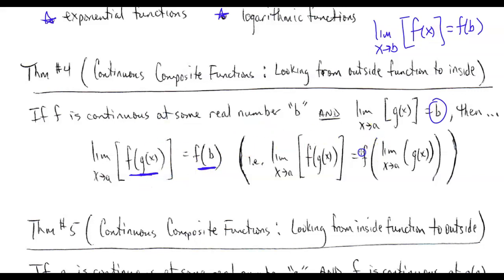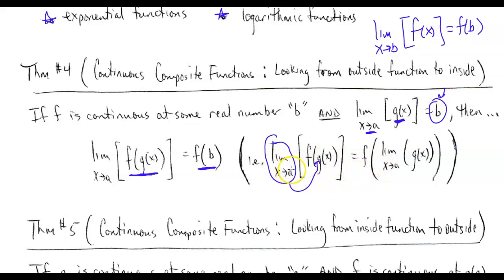And so if we look at this from a practical sense, what we're really saying is the following, okay? If I have a composite function and I want to take the limit of it as x approaches a, and I know that the limit of the inside function as x approaches a equals this value here, then I can take this limit operator and slide it onto the inside function, okay?